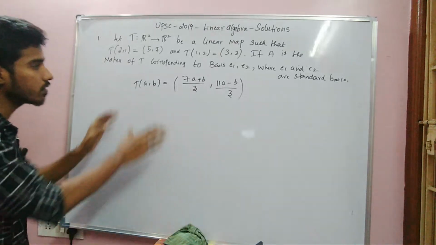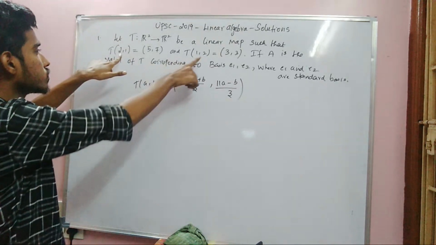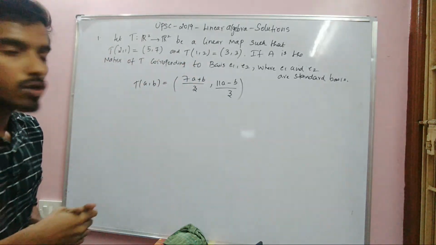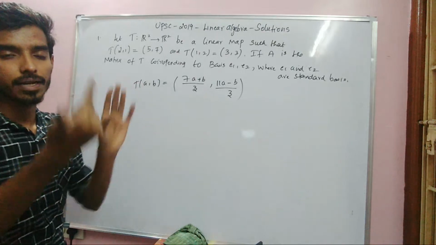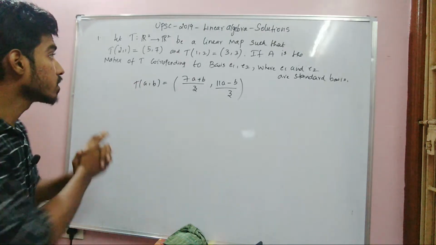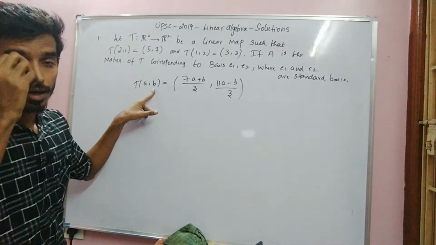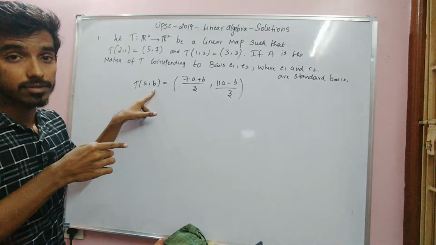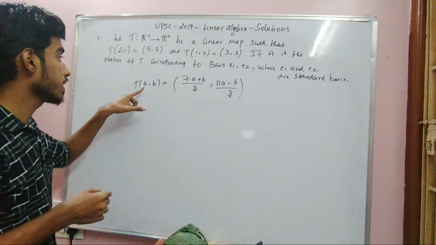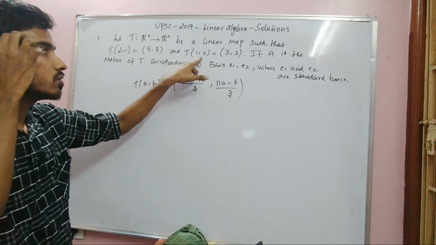So far, to find this, first we have shown that these two vectors are linearly independent. You can show that either by the determinant being non-zero, or by writing a linear combination and showing that both coefficients are 0. Then I take an arbitrary vector (a, b) in R2, and since these span, I can write it as a linear combination of these two basis vectors: (a, b) equals some x into (5, 7) plus some y into (1, 2).